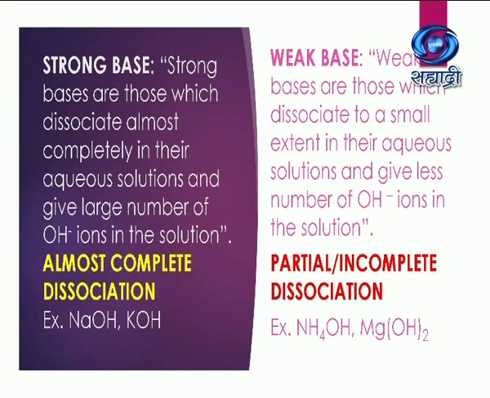Examples are NaOH, KOH, that is sodium hydroxide, potassium hydroxide. Similarly, weak bases are those which dissociate to a small extent in their aqueous solutions and give fewer OH minus ions in the solution. So, partial or incomplete dissociation. Examples are ammonium hydroxide, magnesium hydroxide, etc.